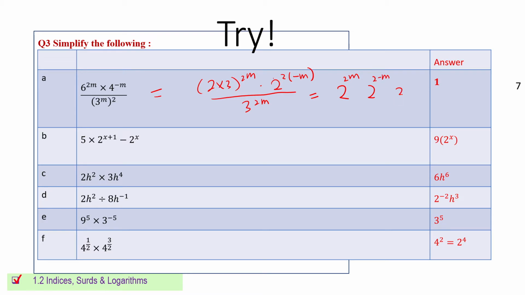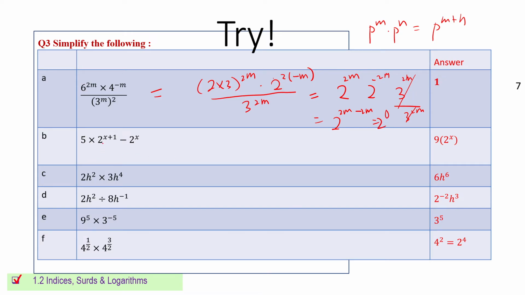And then I have a 3 power of 2m divided by 3 power of 2m. This one cancels. Okay, this is 2 power of 2 minus 2m. Okay, so when you know that you have p^m multiplied by p^n is p^(m+n), this one is 2m minus 2m, actually is 2 power of 0, that is 1.